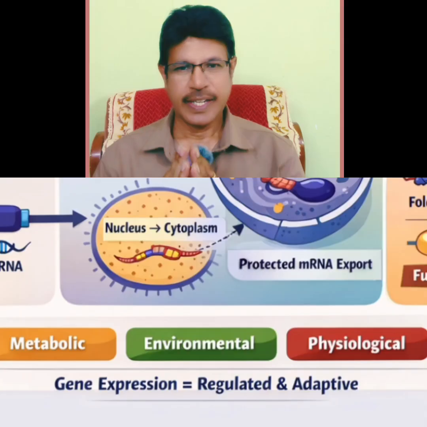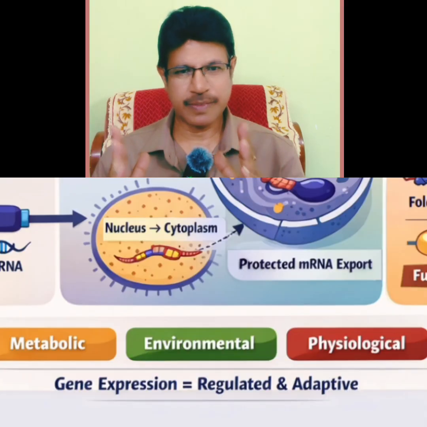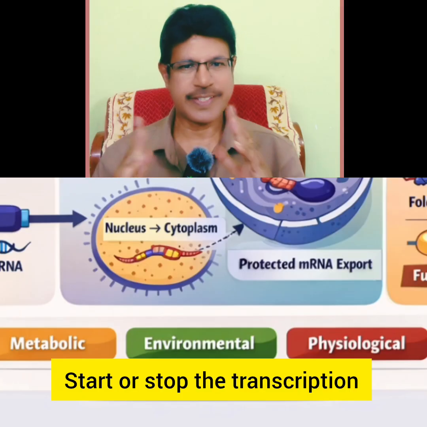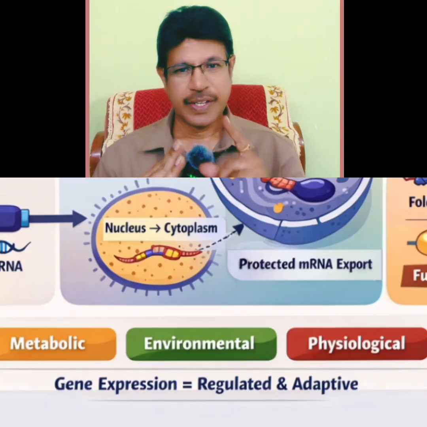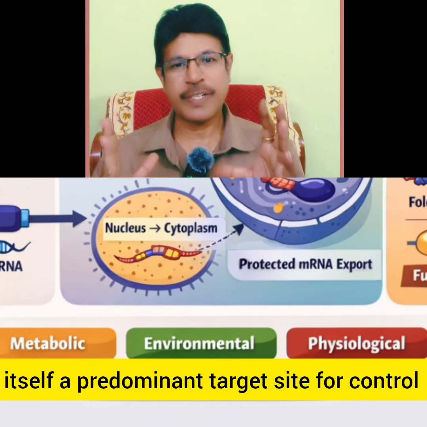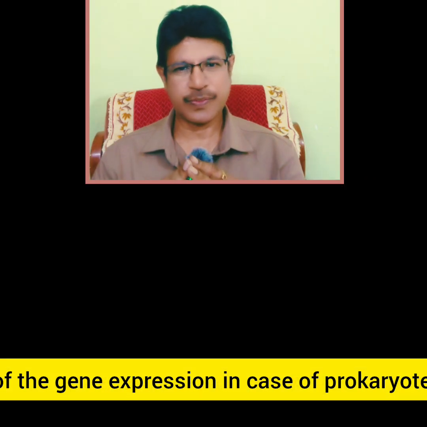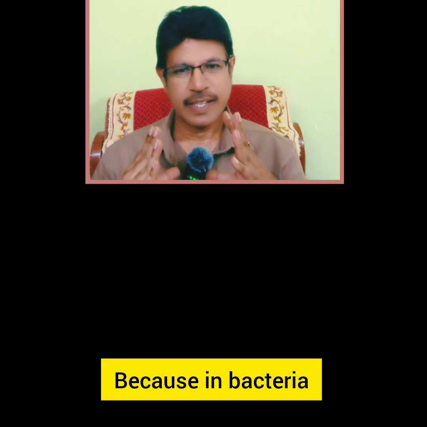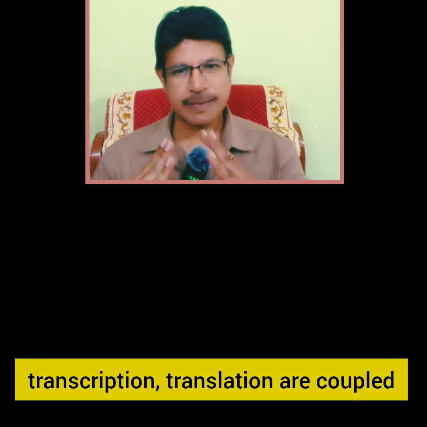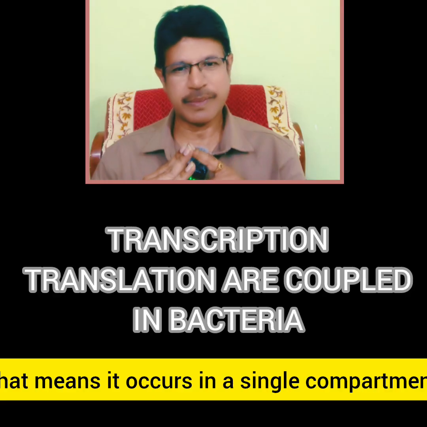Next, in prokaryotes, as said earlier, it is very simple: start or stop the transcription. The rate of control of transcriptional initiation itself is the predominant target site for control of gene expression in prokaryotes, because in bacteria transcription and translation are coupled. That means it occurs in a single compartment.